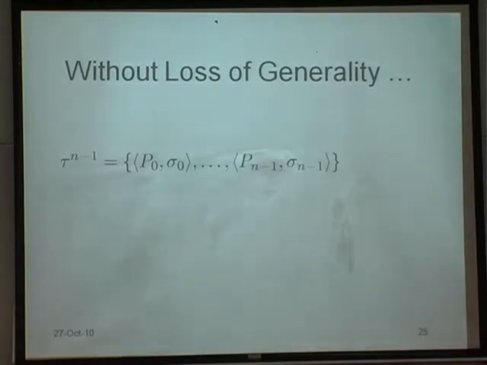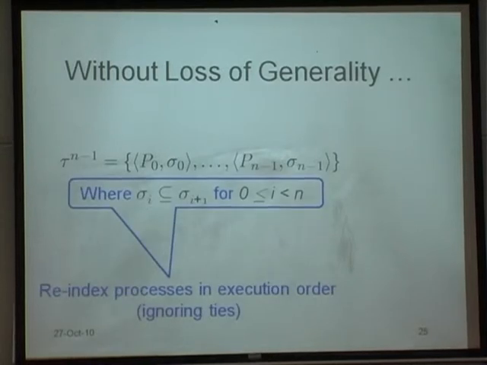One way to do this is to take this n-1 simplex, and without loss of generality, re-index the processes so that the views they saw are increasing by inclusion. One way to think of that is that this one ran first, then some set here ran next, and so on.